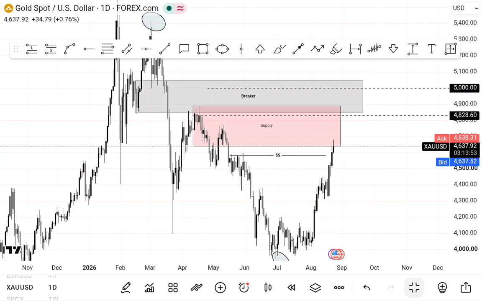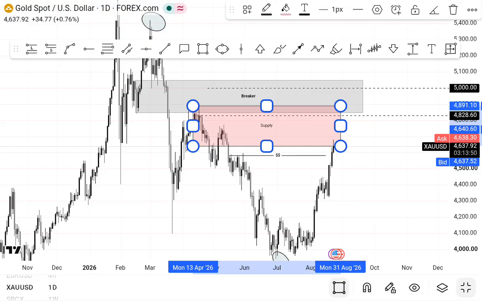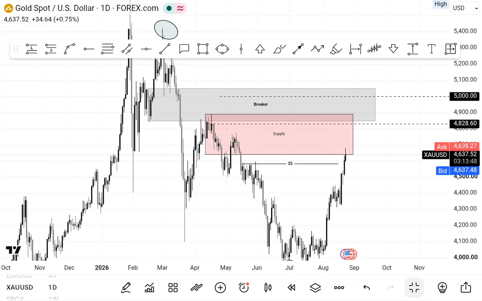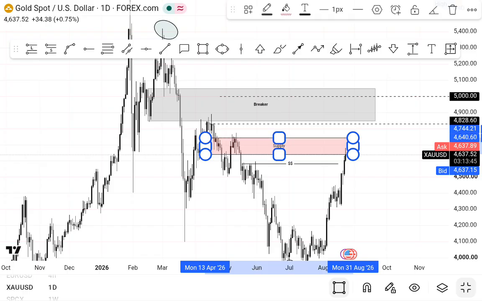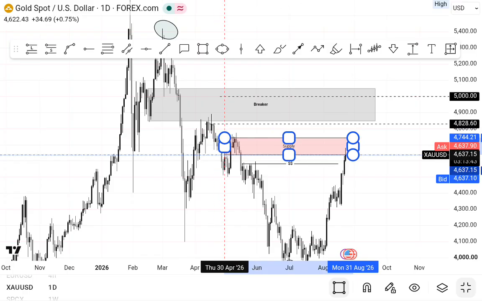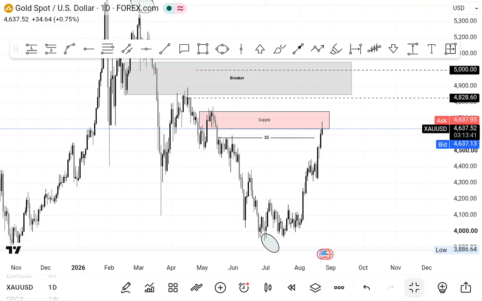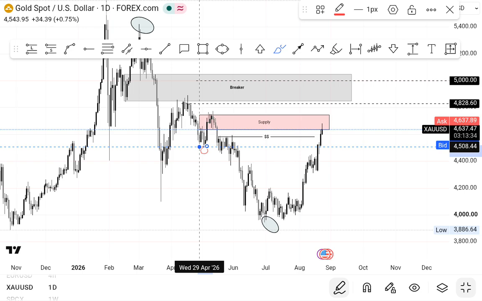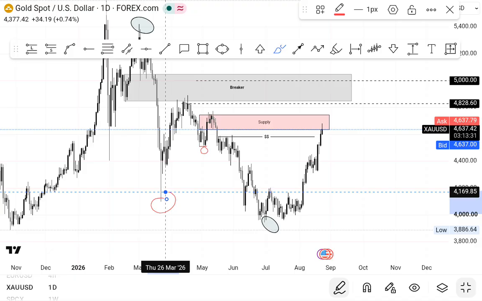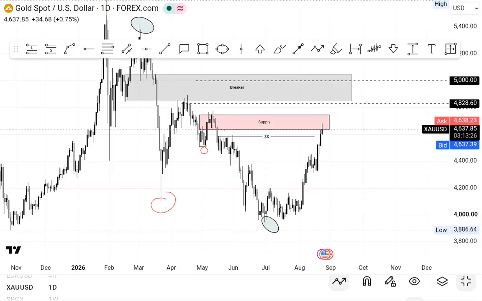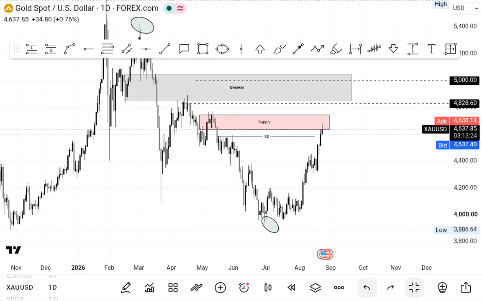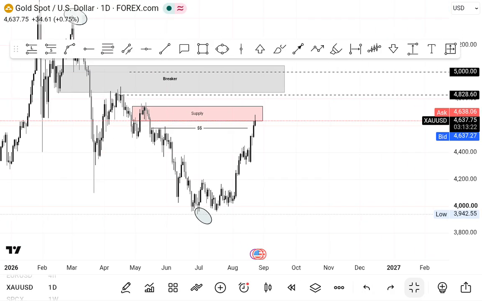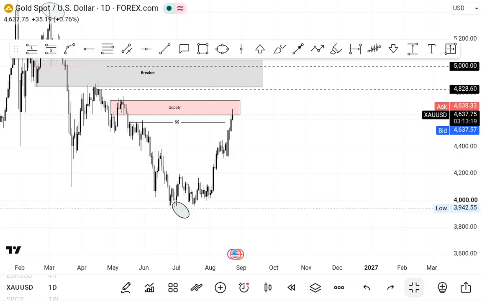Now when you look at the current structure, we can refine our POI to this candlestick or to this range here. Why this range? Because this is the same range that broke internal structure and external structure, right? So if we look at this, these are good areas for price to retrace.